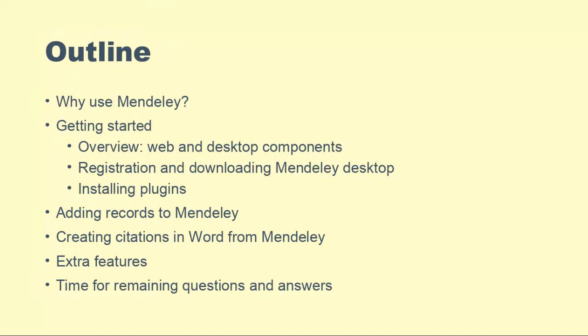How you can create citations in Microsoft Word from Mendeley, so using the plugin in Word to generate citations and reference lists. Some extra features that I think are particularly useful, and then some time for remaining questions and answers at the end.